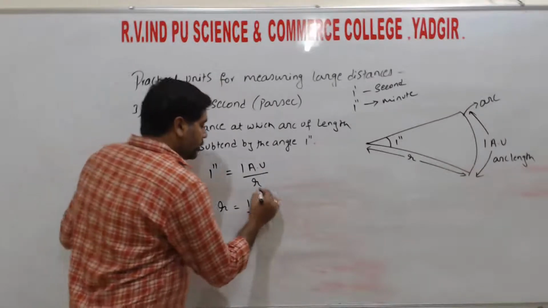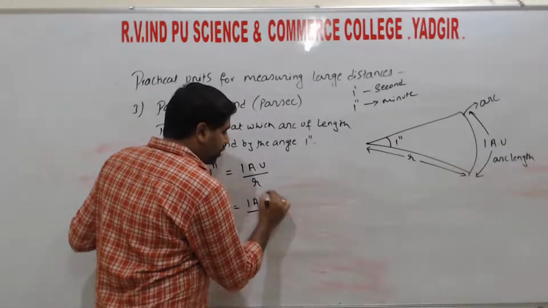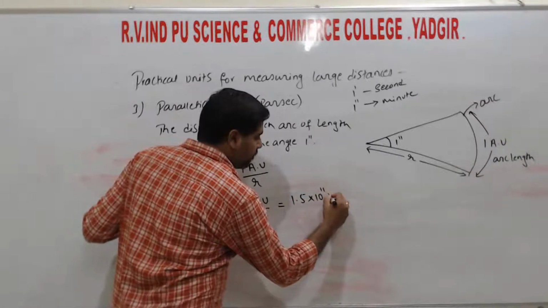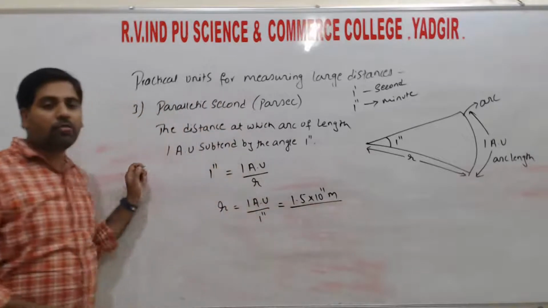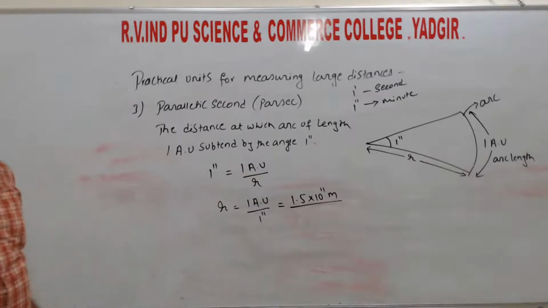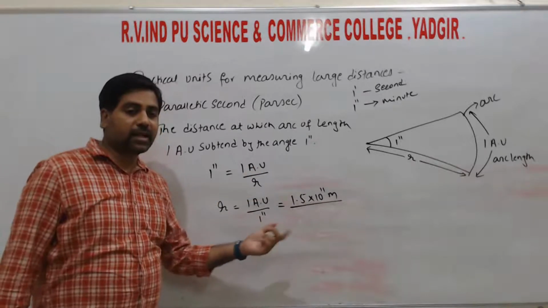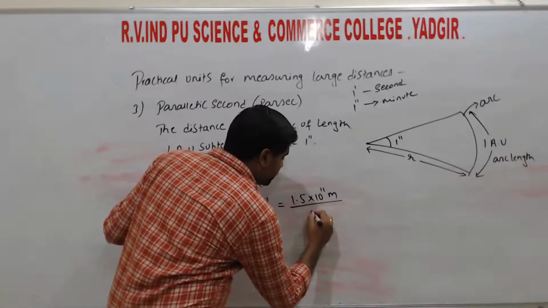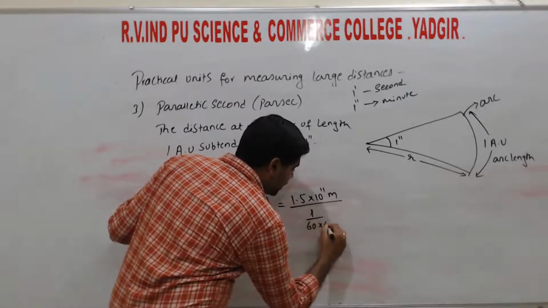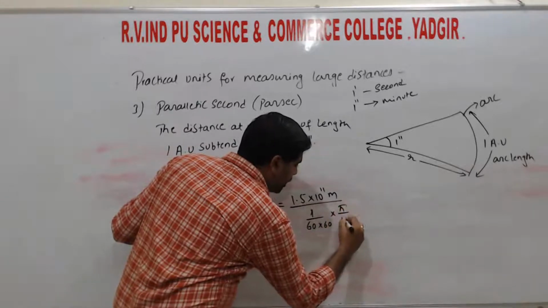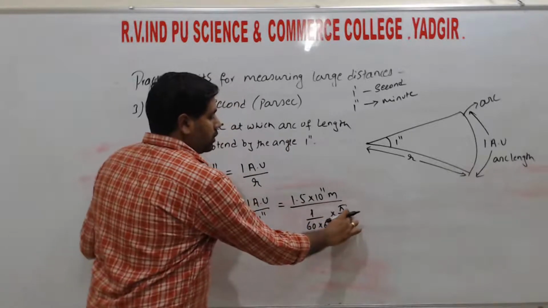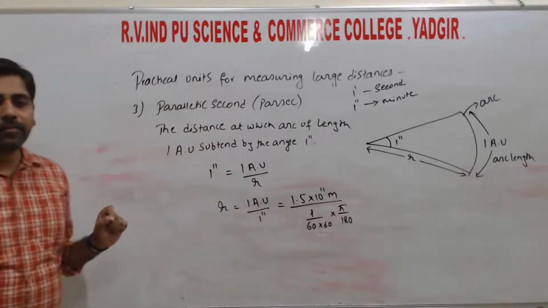For this we know the value of 1 astronomical unit, that is 1.5 into 10 to the power of 11 meter, or 1.496 into 10 to the power of 11 meter. Now we need to convert the seconds into radians, so for 1 second it becomes 1 into pi divided by 180 into 60 into 60.